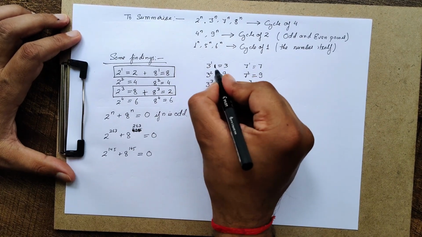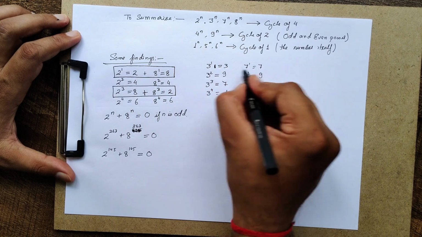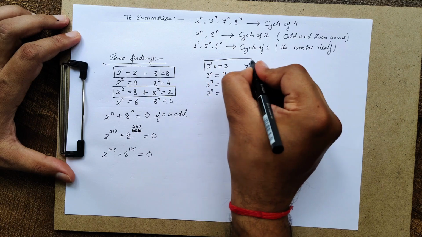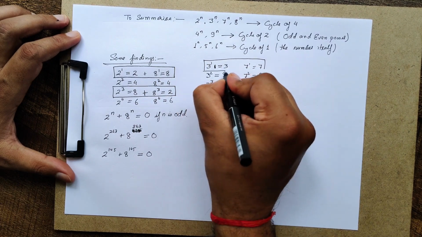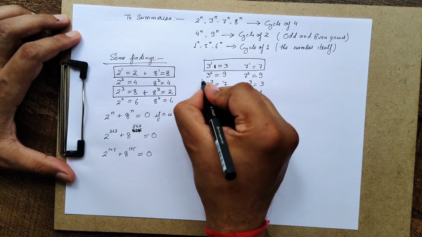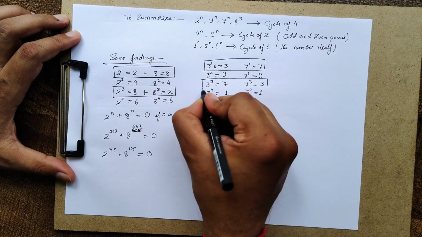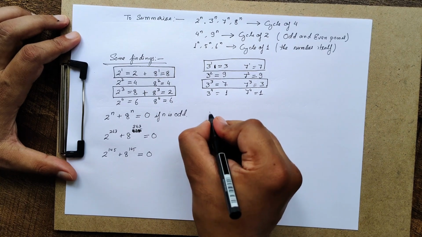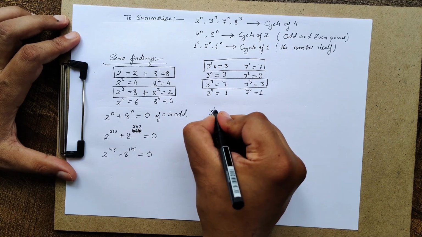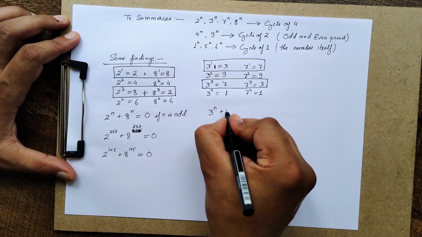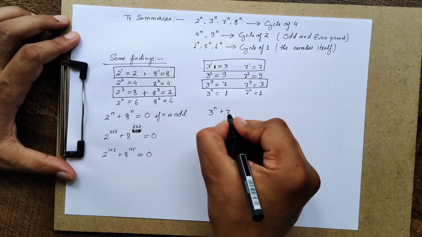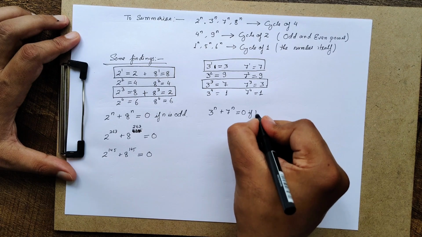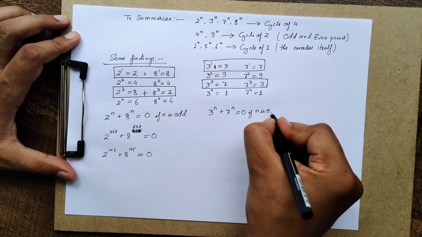Again we can see this pattern, 7 plus 3 is 10, so units place is 0. Hence we can say that 3 to power n plus 7 to power n equals 0 if n is odd.